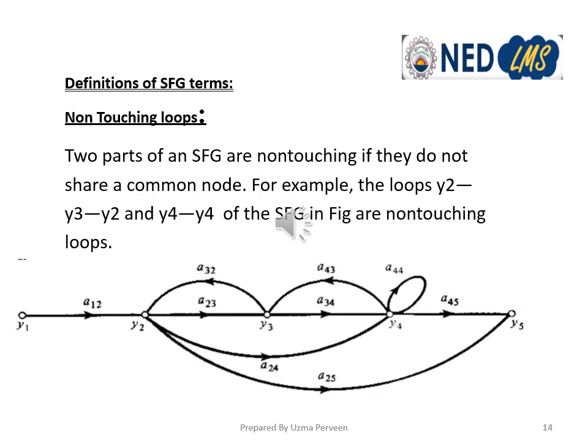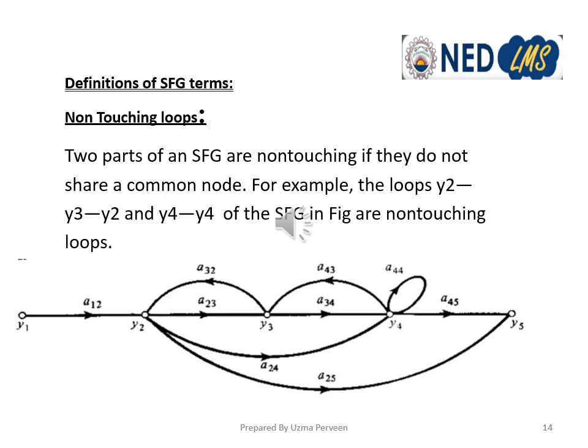We have defined loops. Now we define the non-touching loops. Two parts of the signal flow graph are non-touching if they do not share a common node. It means that two loops are said to be non-touching if they have no node in common. For example, here Y2 to Y3 and then Y3 to Y2, and this loop at Y4 do not have any common node.